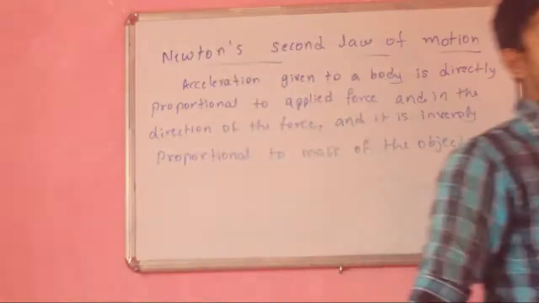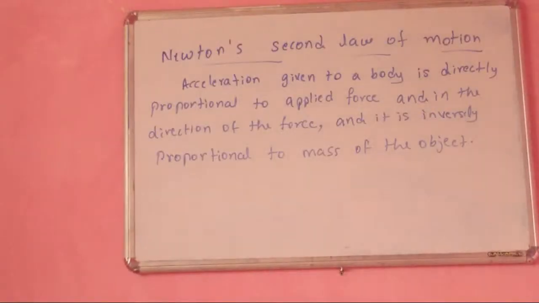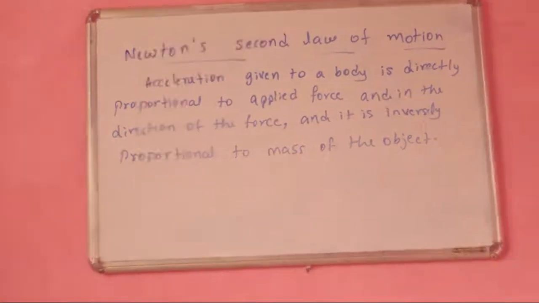Just note down the statement correctly. Acceleration given to a body is directly proportional to applied force and in the direction of the force, and it is inversely proportional to the mass of the object.